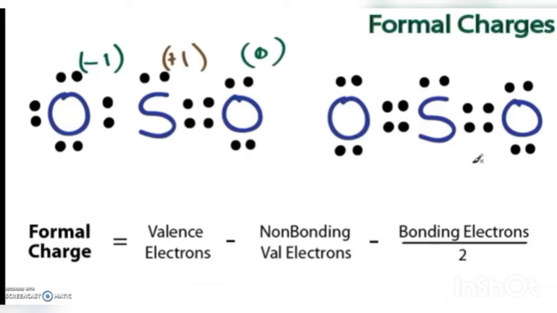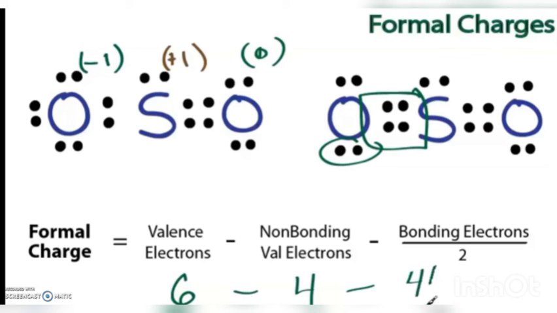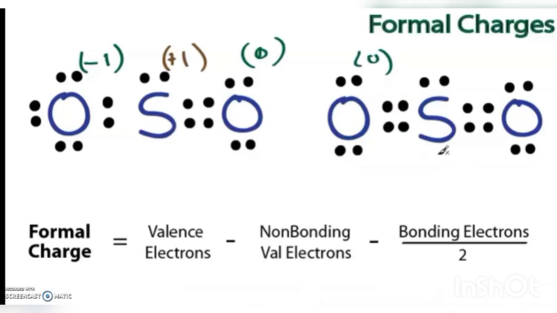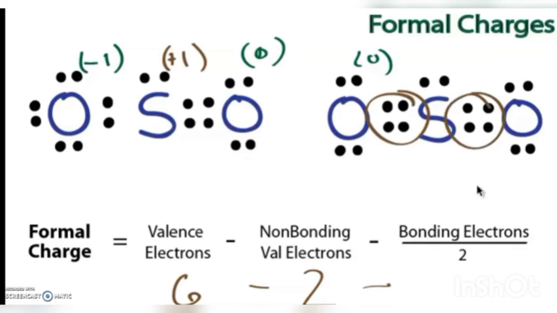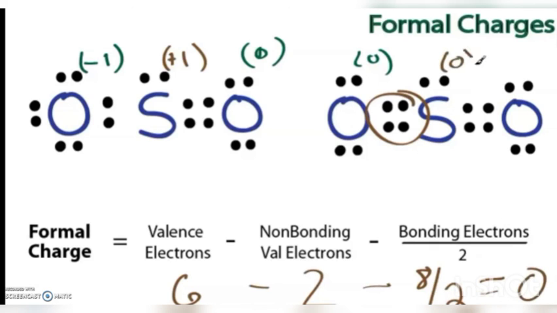Then we'll move to the next Lewis structure of sulfur dioxide. We follow a similar method here. If we calculate, we get 0 on the oxygen. What about the sulfur? Valence electrons 6, 2 non-bonded, 8 bonded. Again 0.